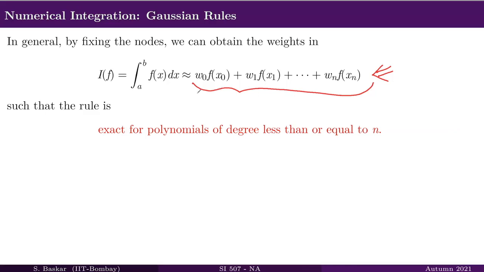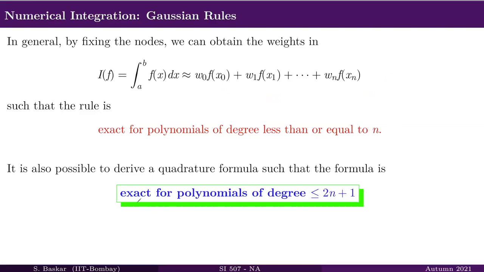So let us consider the quadrature formula in this form such that this quadrature rule is exact for polynomials of degree less than or equal to n was our previous idea. Now we will demand that this quadrature rule is exact for polynomials of degree less than or equal to 2n plus 1.